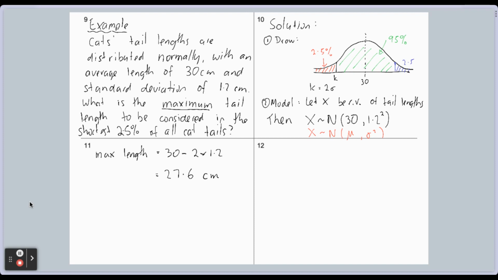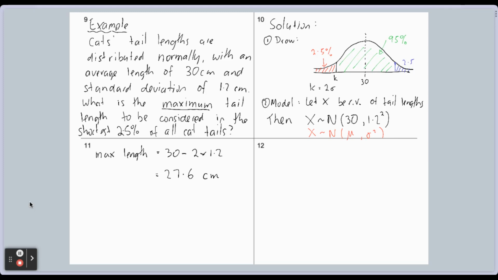So in other words, the biggest tail length that would fit under this 2.5% is 27.6 centimetres. In other words, 2.5% of cats have tail lengths of 27.6 centimetres or smaller. Okay? That's what that means.